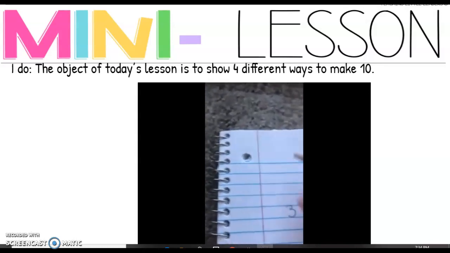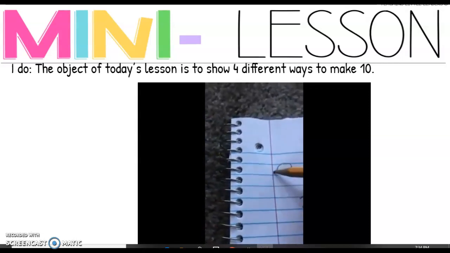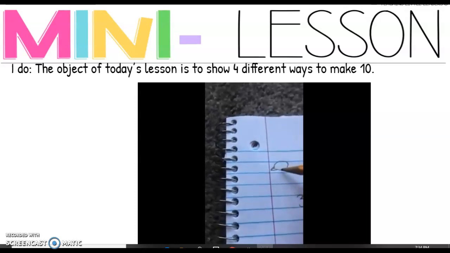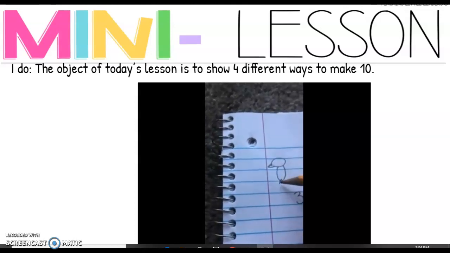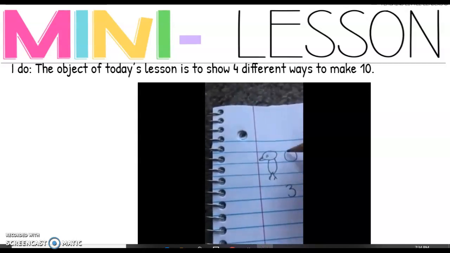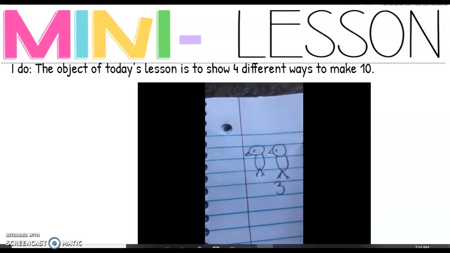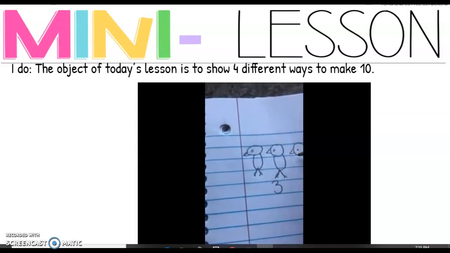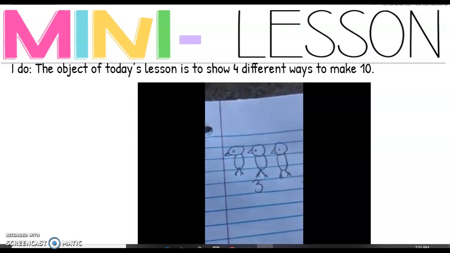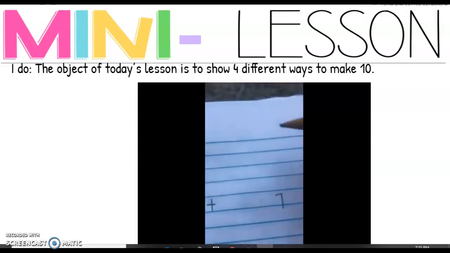So I'm going to start with a bird. And then on this side of the wire, I need to make 7 birds.